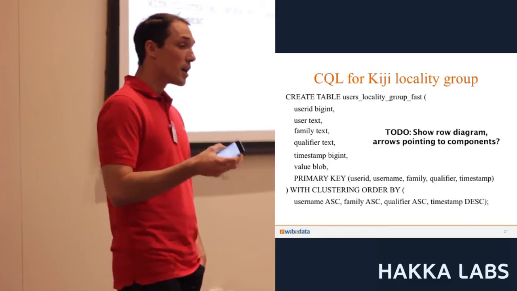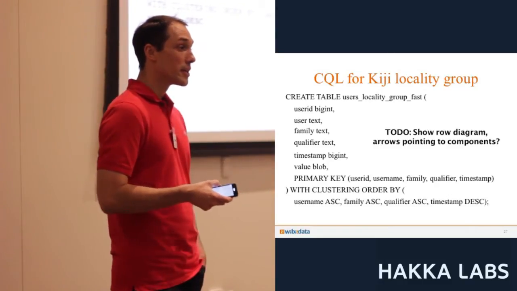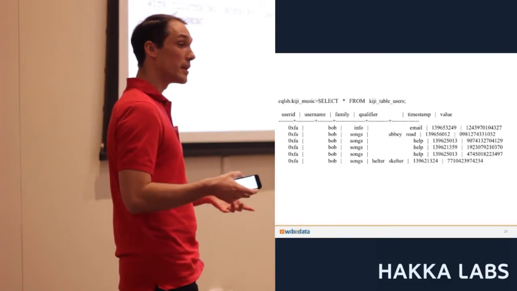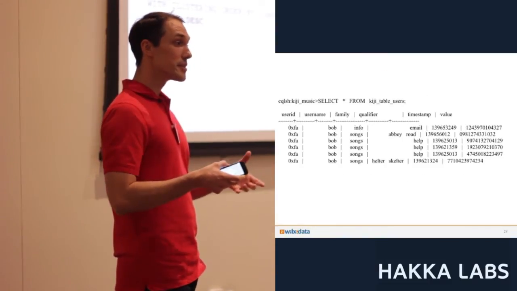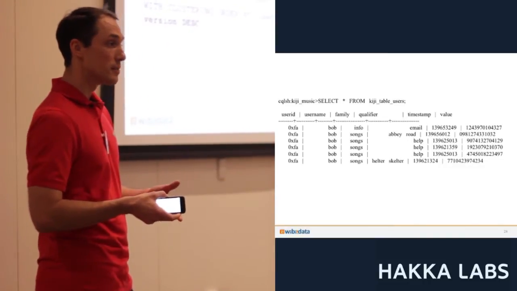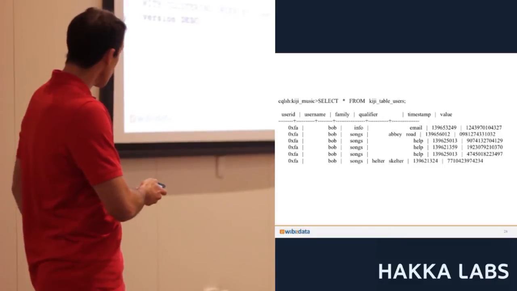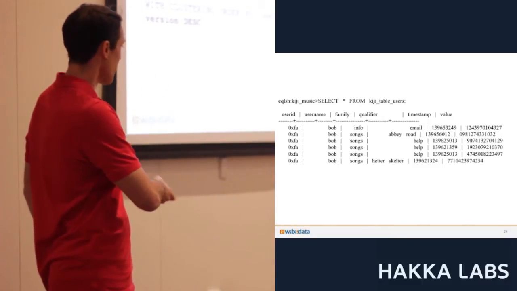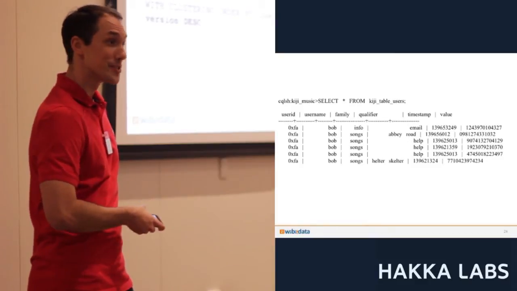Next, the column family, the column qualifier, and the timestamp. All these other components that you use to identify one unique instance of a cell in Kiji, we also map to clustering columns. And one thing to point out here, we're sorting all the data, again, as Patrick demonstrated in his talk.